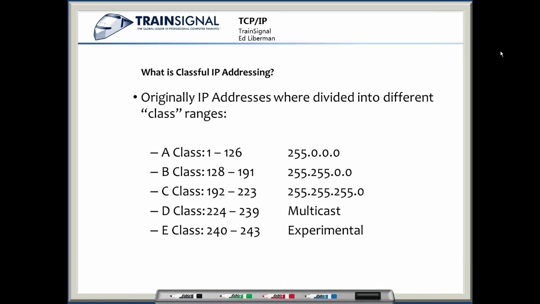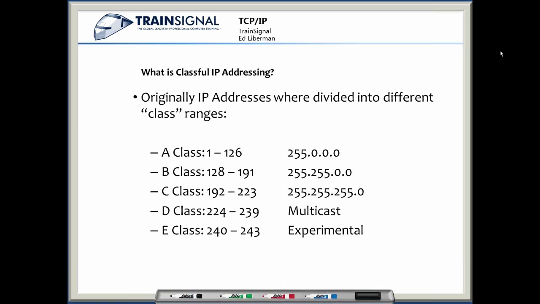If the first octet was a 1 all the way through to 126, that was known as a Class A IP address. In some cases, you didn't even need the subnet mask. It was an assumed subnet mask. If your IP address started with anything from 1 to 126, you were part of Class A, so boom, your subnet mask is 255.0.0.0.